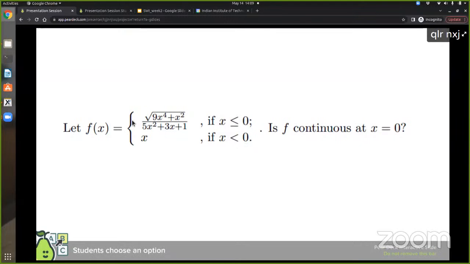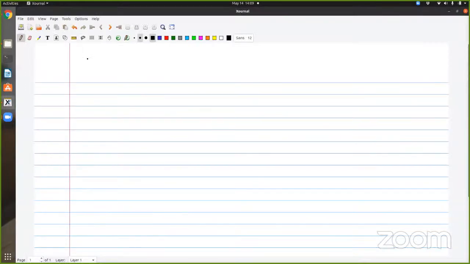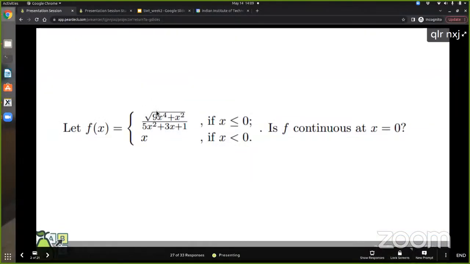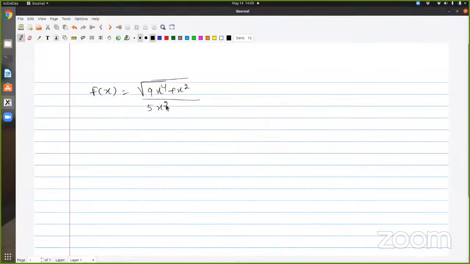So we have to first compute f of 0, the above part we will do. So f of x is equal to... right. So f of 0 is 0, right?